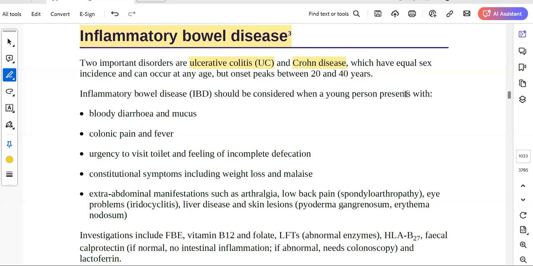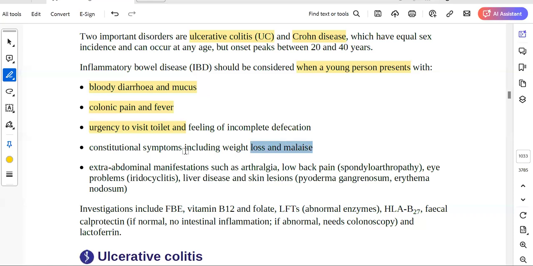It's usually a young person who presents with bloody diarrhea and mucus, abdominal pain, urgency to visit the toilet, and with that they have malaise and weight loss. That's the time you would think of IBD. So basically it's a young adult patient coming to you with bloody diarrhea and a bit of abdominal discomfort. That's the time you think of IBD.